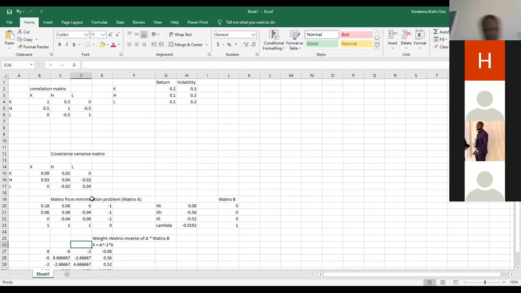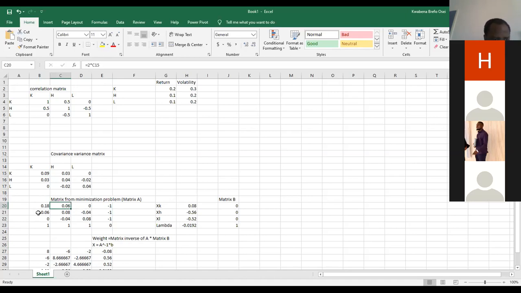Okay, so this one is a matrix. This one is 2 times the variance of this, and this is 2 times the covariance of K and H, which is this one, and 2 times this is 0.